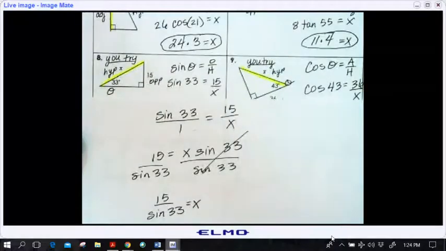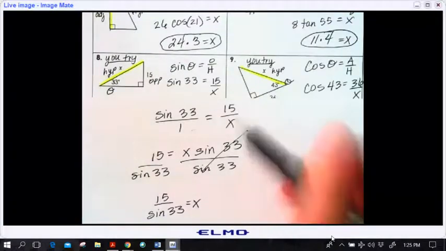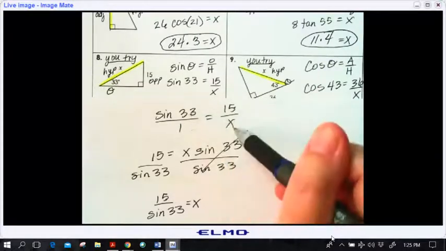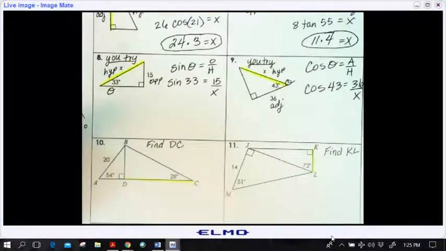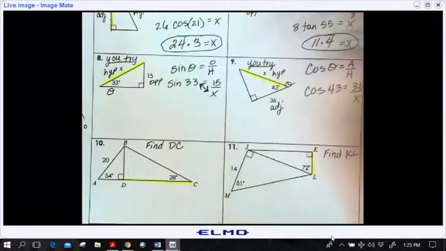So you could do that work for every single problem where your x value ended up on the bottom, okay? Or here's our little shortcut. All you need to do, notice that the 15 is on top, and just the sine 33 and the x changed places. The sine 33 is now in the denominator, and the x is by itself on the other side. So my shortcut, so I don't have to work that out every time, is to switch these two, okay?